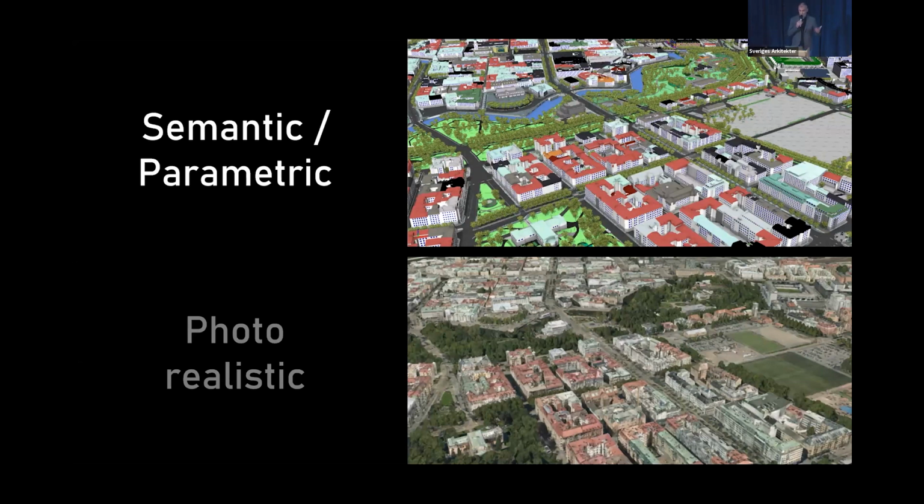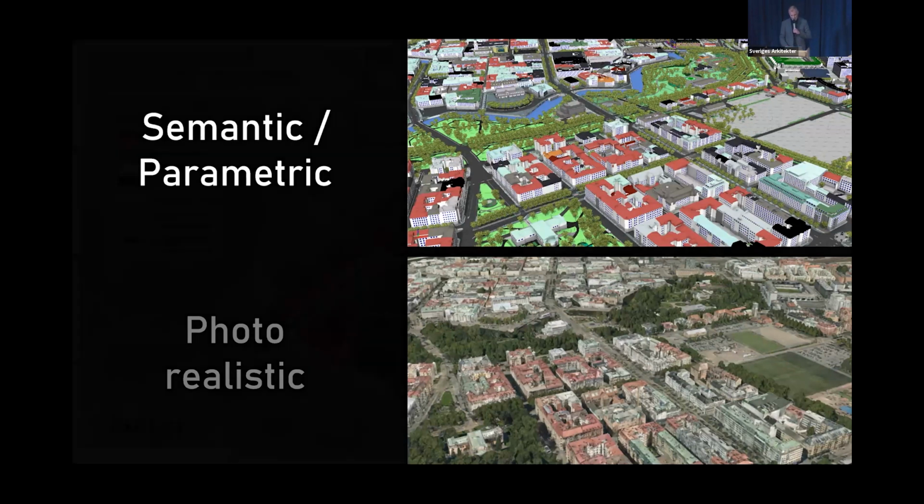You can present a 3D model of the city with a photorealistic model, but you can't change that model. You have to work with a semantic or what we call parametric model so that you can change the city. And if you want to create new parts of the city, it's much easier to use this kind of parametric technique.